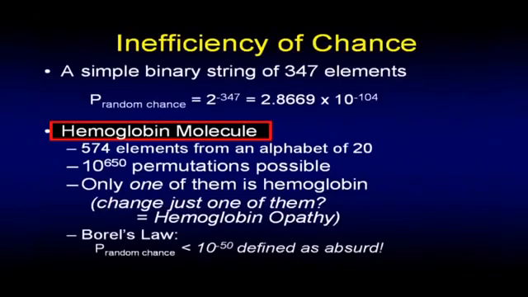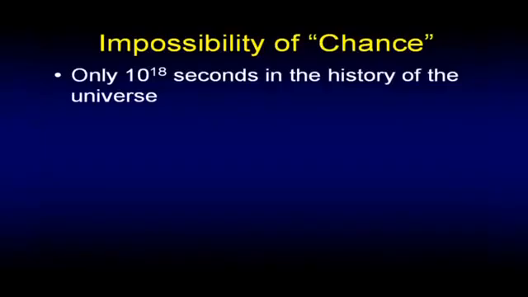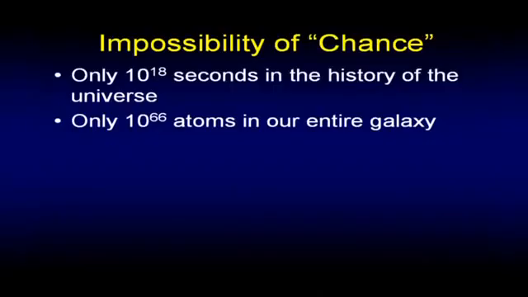Heavy stuff. Remember Borel's law. Anything with more than 50 zeros is defined as absurd. Hemoglobin happening randomly is really, really, really absurd. Just as is my little example with these silly little beads, okay? To give you some feeling for these numbers, there have been only about 10 to the 18th seconds in the history of the universe, if you accept a 13, 14, 15 billion year lifetime.